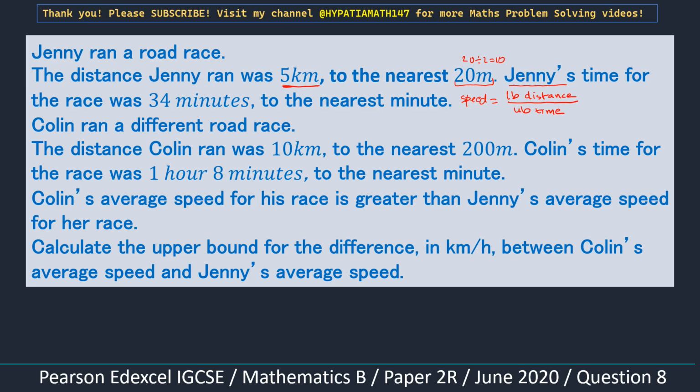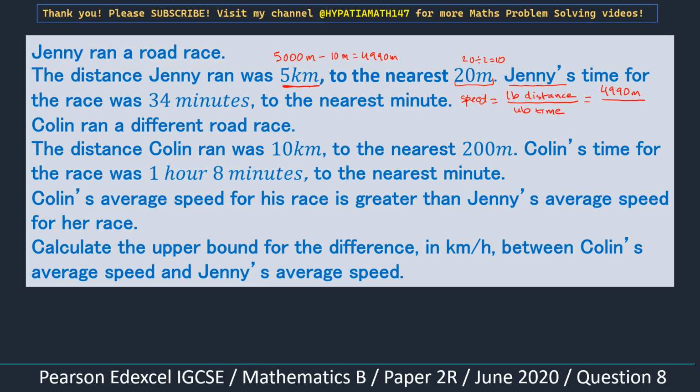So the 5 kilometers I change to 5,000 meters. And for the lower bound, minus 10 meters, and that would be 4990 meters. So the distance would be 4990 meters.